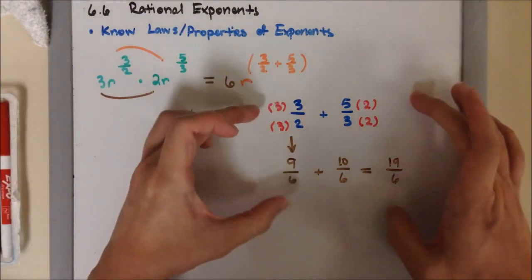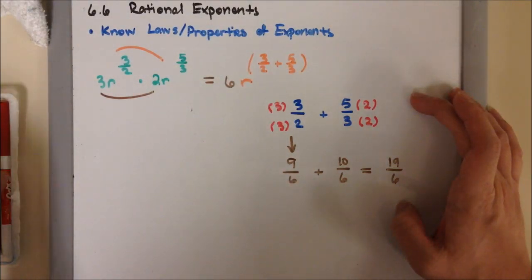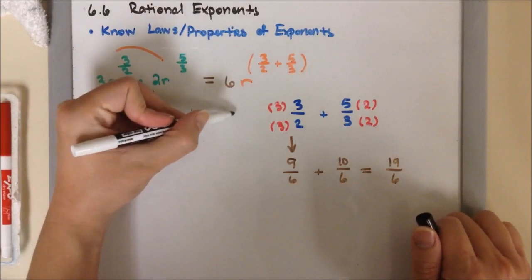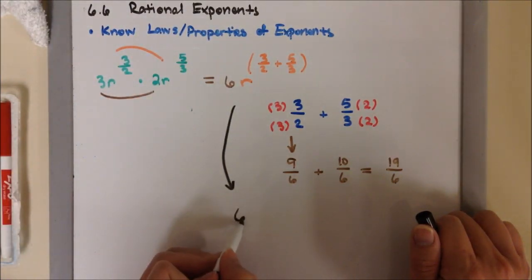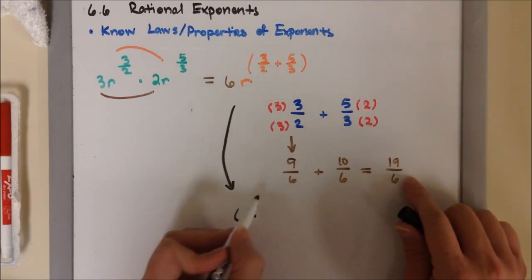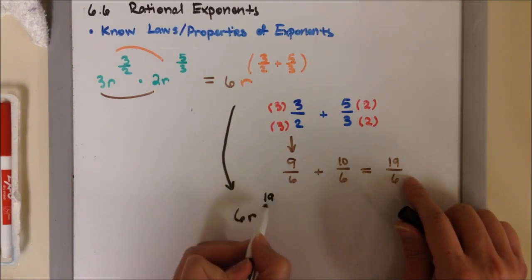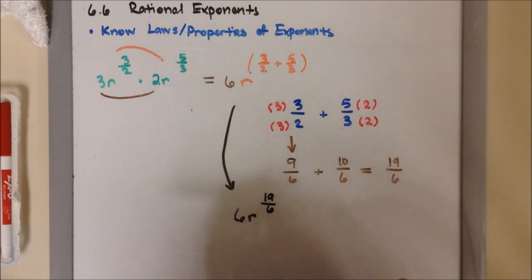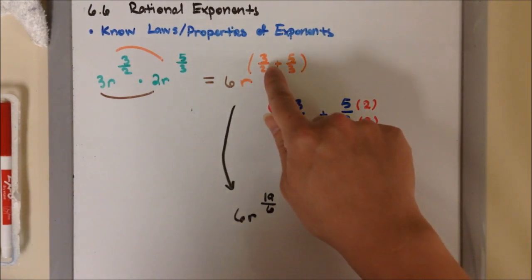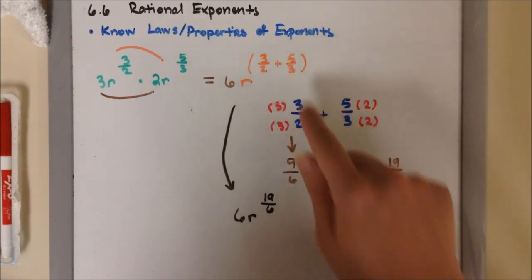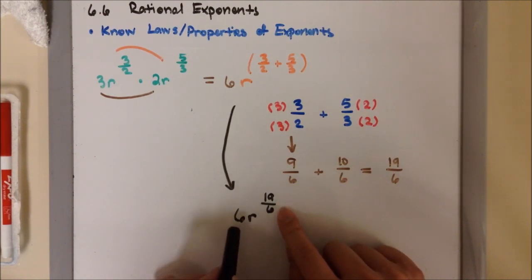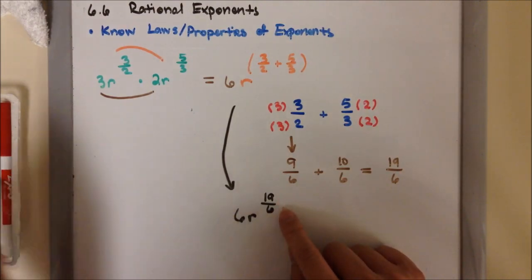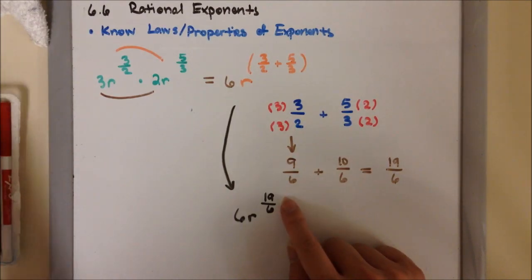So, here's my work for the fraction. Therefore, I'm bringing my answer down here. It's going to be 6r to my exponent of 19/6. So when I combine 3/2 plus 5/3, that became 19/6 on the r. So my final answer is 6r to the power of 19/6.